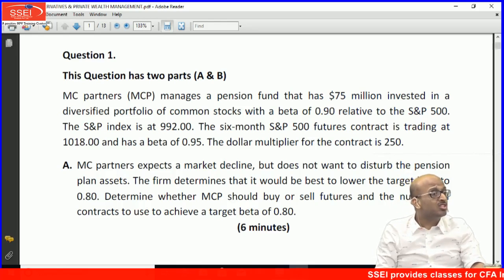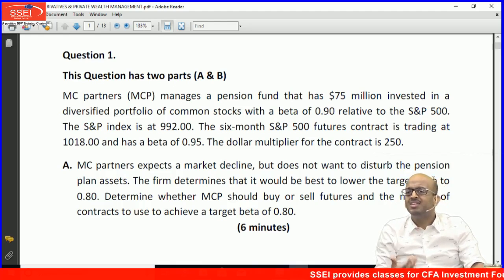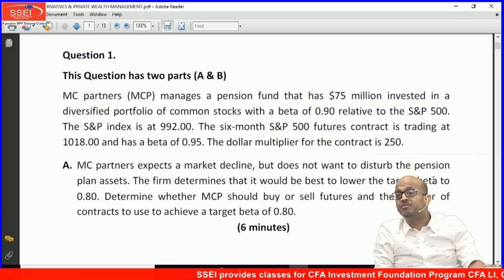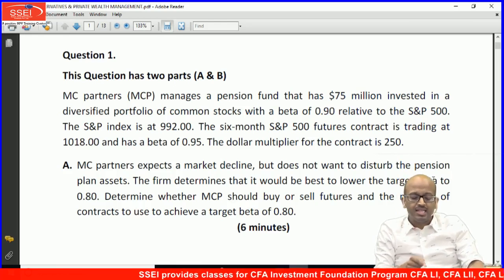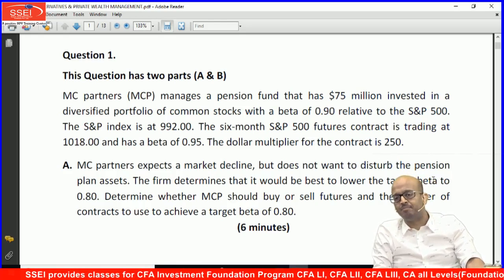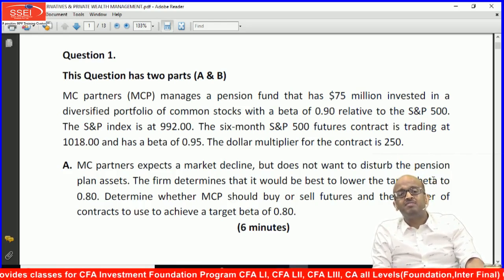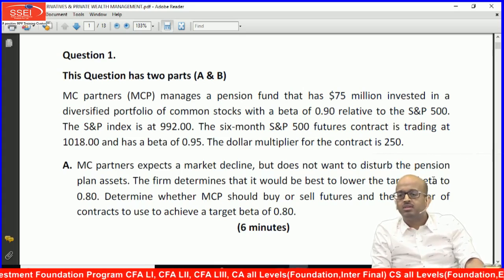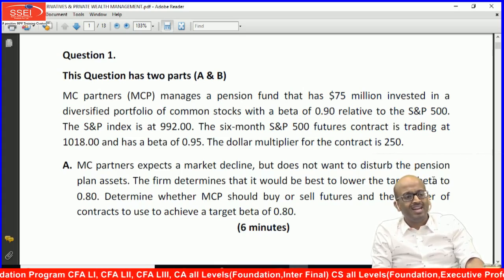Beta of Nifty futures is almost 1 because Nifty and Nifty futures are more or less the same. They are saying the beta of S&P futures is 0.95, which means in the exam, if the beta of futures was not given, we are supposed to take it as 1.